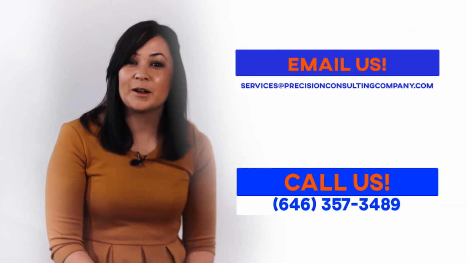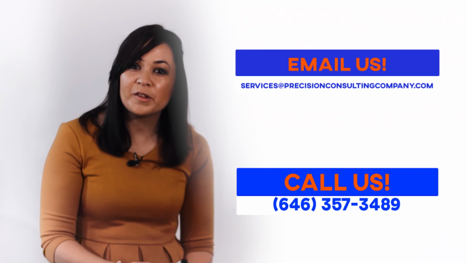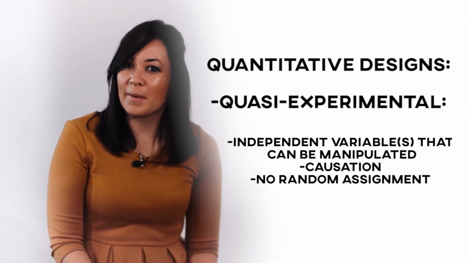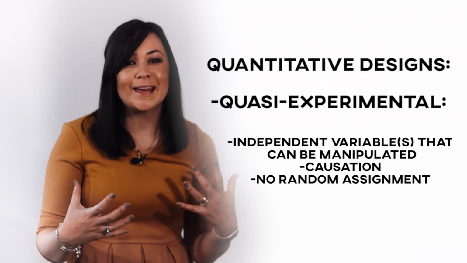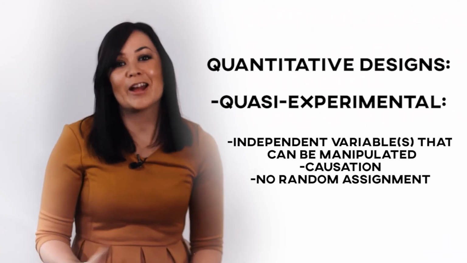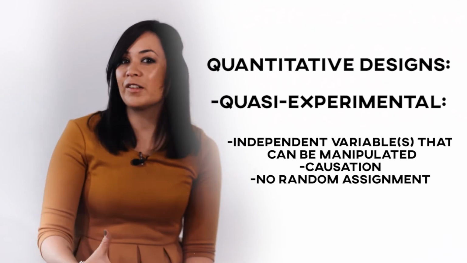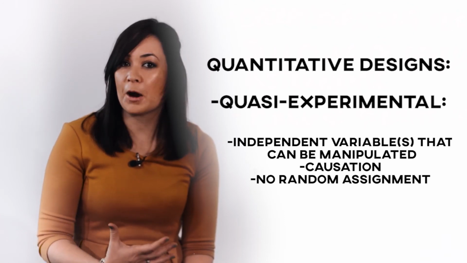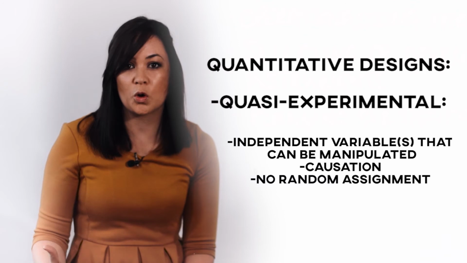Now, as I hinted at above, experimental and quasi-experimental studies feature one or more independent variables that can be manipulated. And what's great about this is that we can begin to arrive at causal links between or among variables this way. Now, I should mention that quasi-experimental studies, though, are not fully experimental because they lack random assignment, meaning that the researcher can't decide randomly to place some participants into the experimental group and others into the control group.